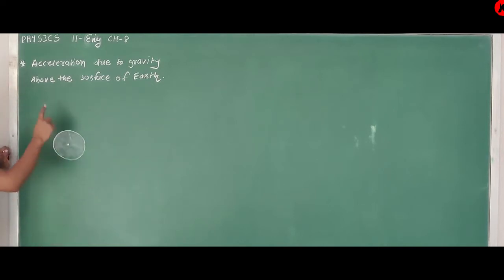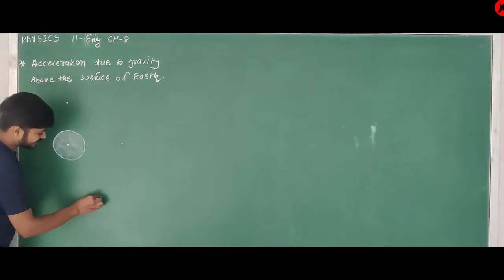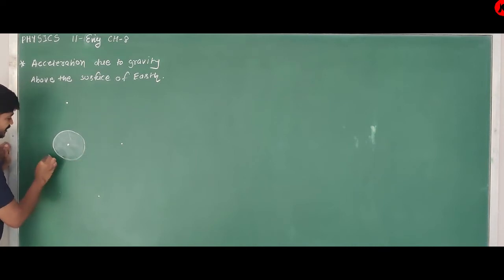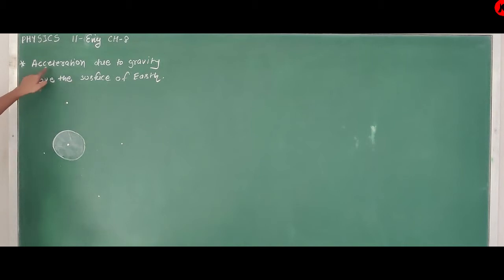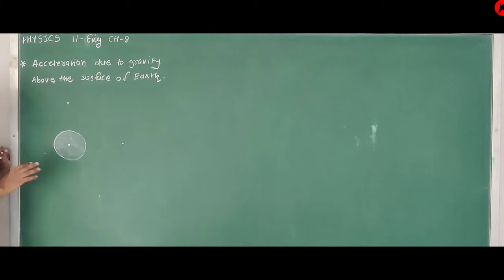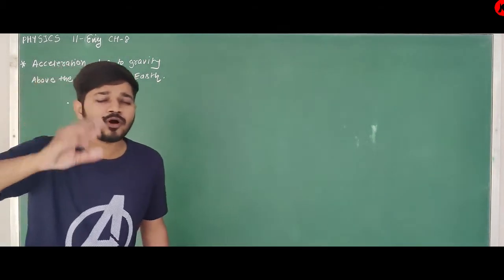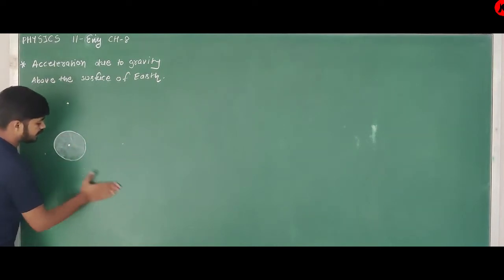Above the surface of Earth means not only this point; all these points are considered as above the surface of Earth. All points outside Earth are called above the surface.